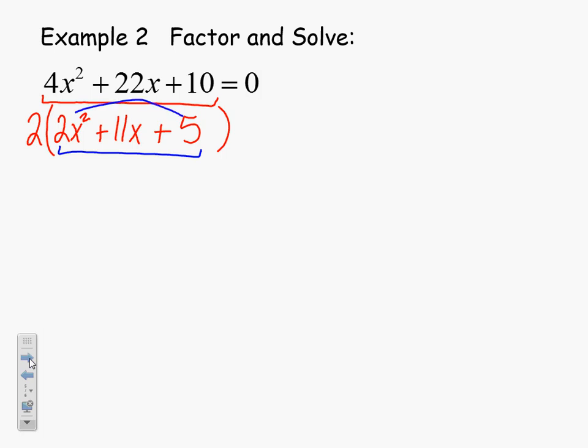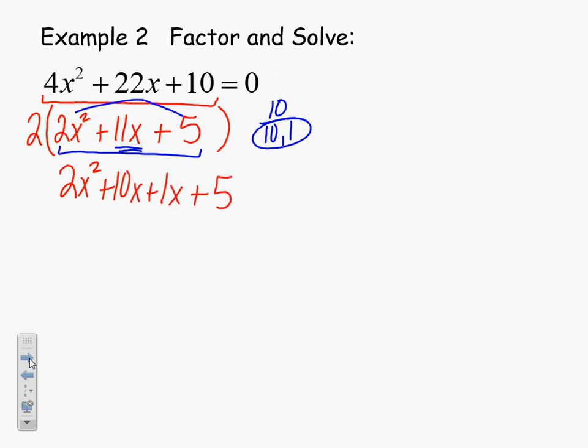So 2 times the 5 makes 10. What multiplies to make 10 and adds to make 11? 10 and 1 do. 10 and 1 multiply to make 10 and add to make the 11 that's in the middle. So we're going to go ahead and rewrite the problem: 2x squared plus 10x plus 1x plus 5.